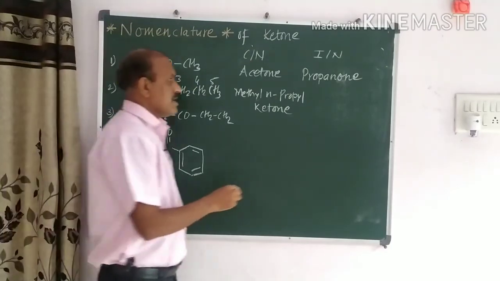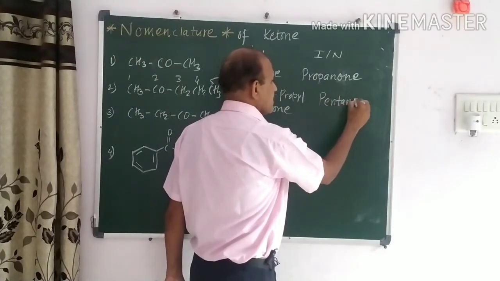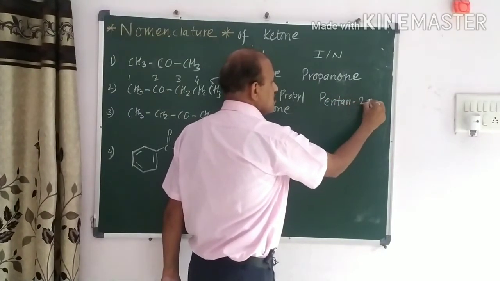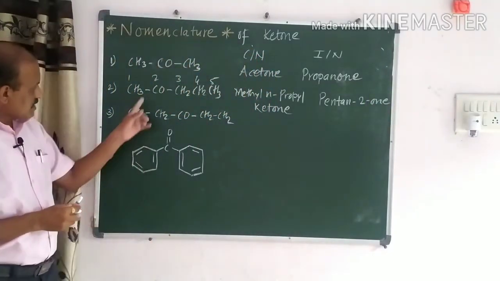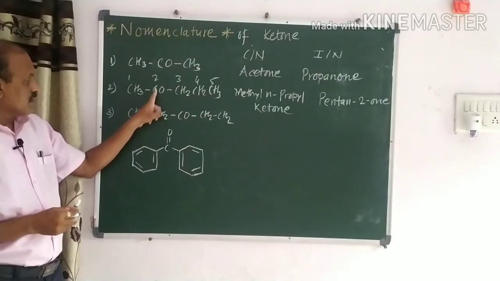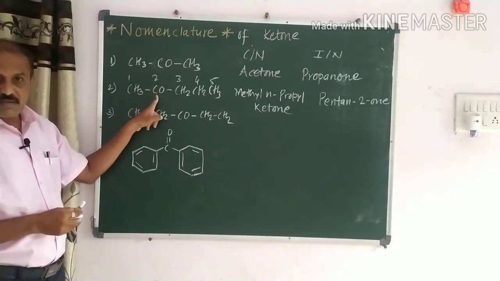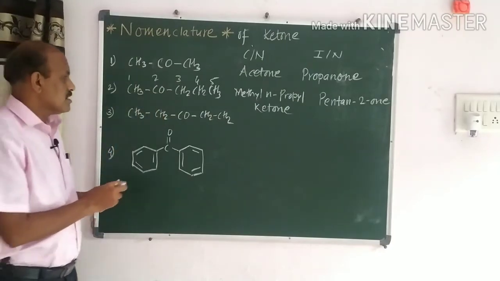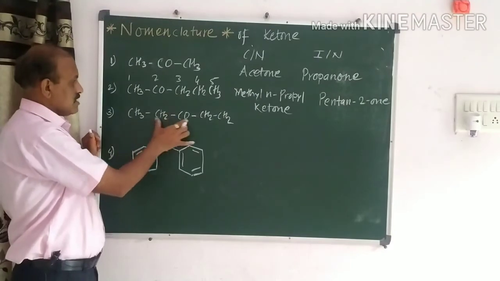So I can write just like this: pentan-2-one. Because here on the second position we have to observe the carbonyl carbon and carbonyl oxygen. So it is important.